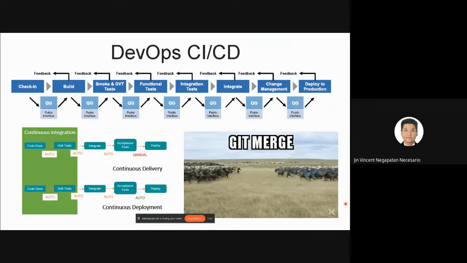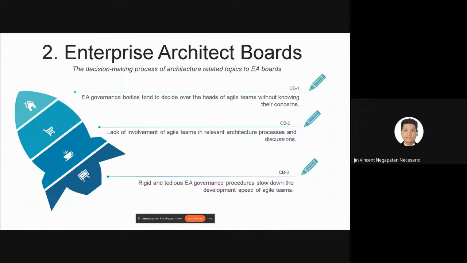Now for another unit of case analysis, number two is the enterprise architect boards. Usually they need a decision making process for architecture related topics. So to make it detailed, the EA governance tends to decide over the heads of agile teams without knowing their concerns.